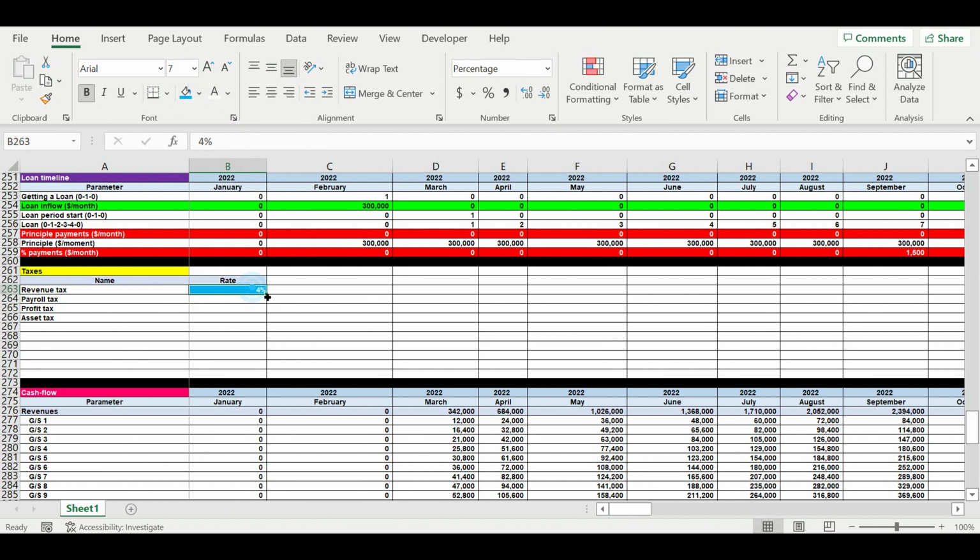This will be the input. Then payroll tax, let it be, for example, 8%. Profit tax, let it be 12%. Asset tax, let it be just a fixed value of $4,000 a month.